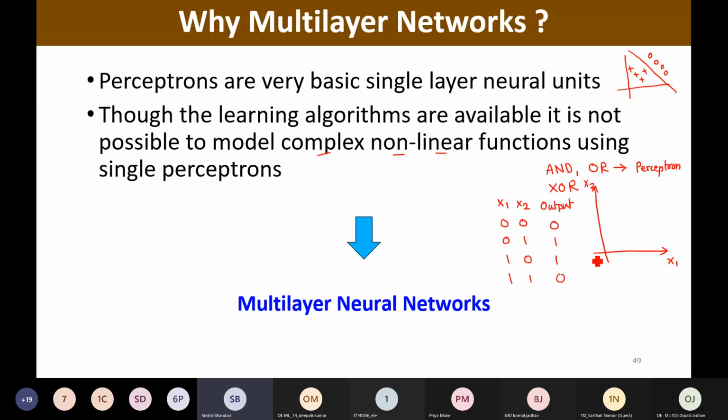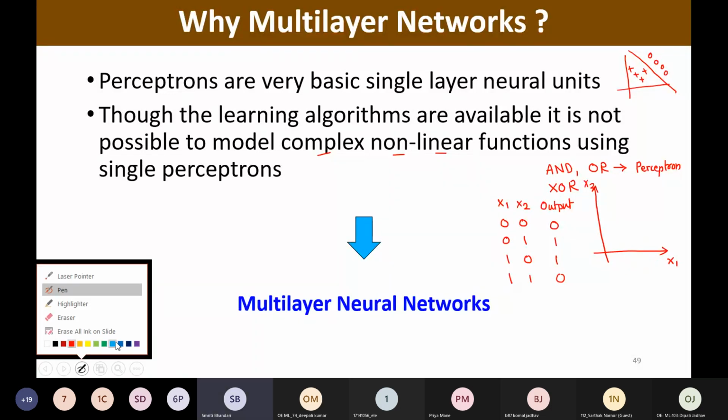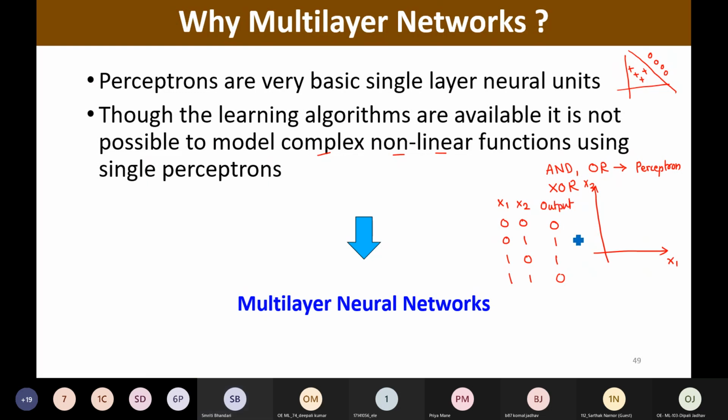So if I try to plot this x1, x2 onto a two-dimensional space, see here, this is my point, say 0, 0. Suppose here it is 1 and here it is 1. So the point 1, 1 would be here.